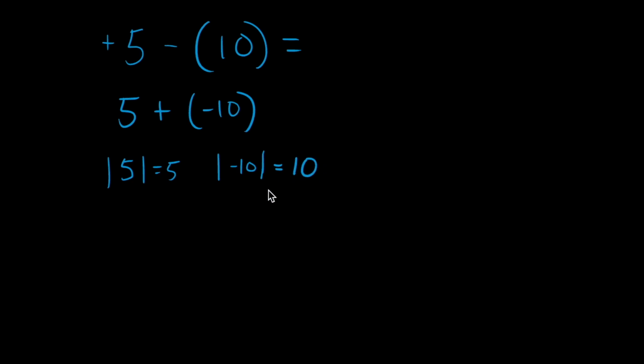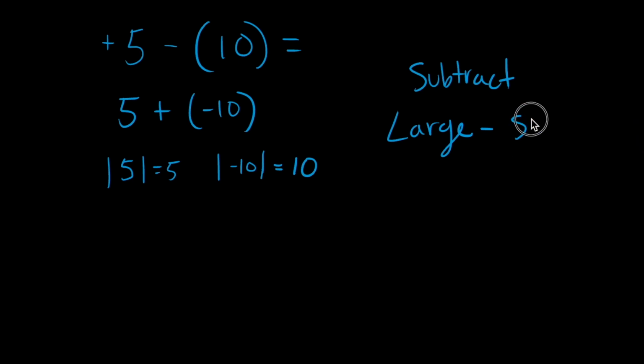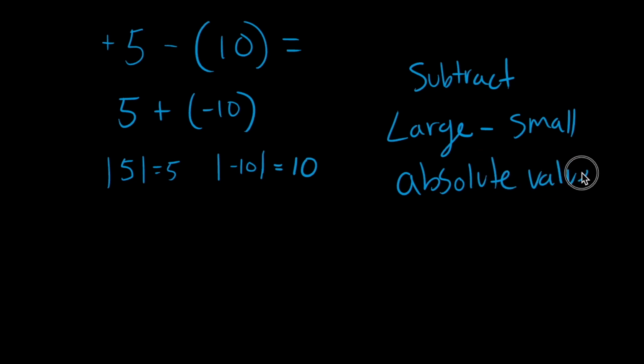Is 10. So we subtract large minus small absolute values. So the large absolute value is 10. 10 is bigger than 5. So we go ahead and write 10 minus 5. So 10, take away 5 is 5.